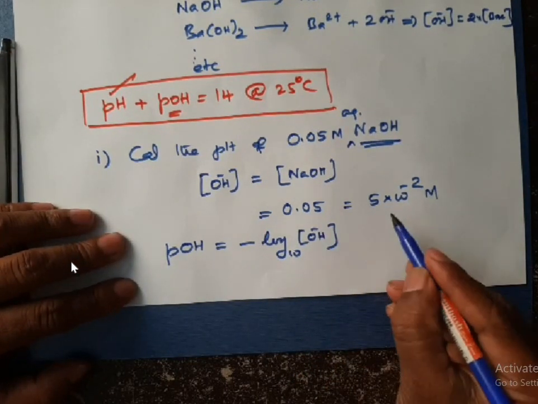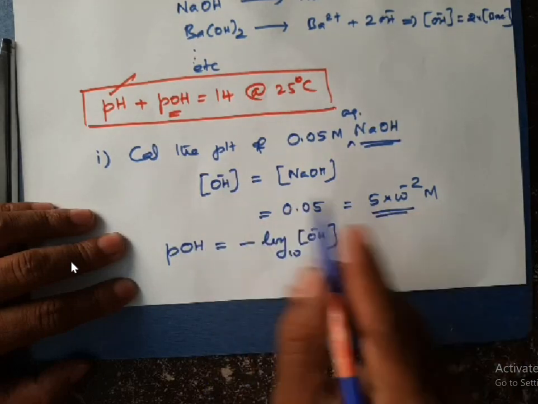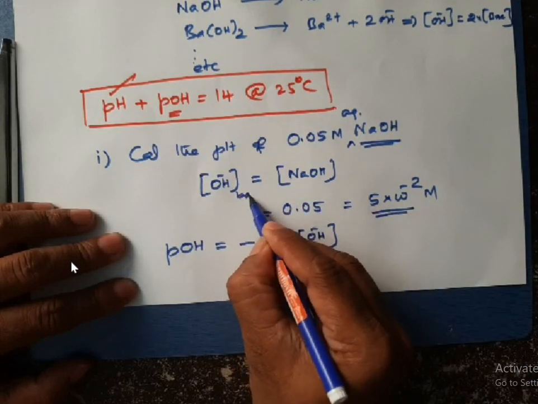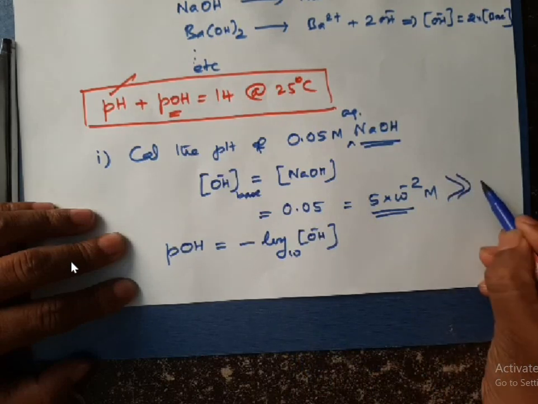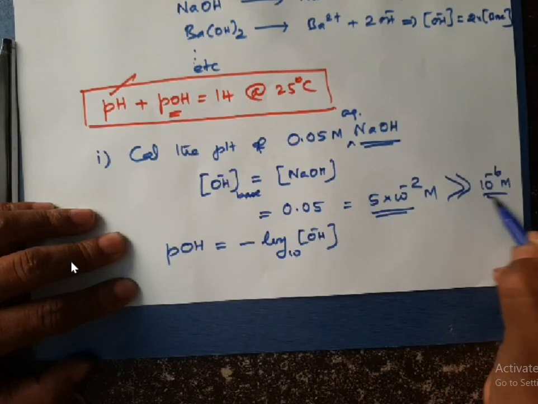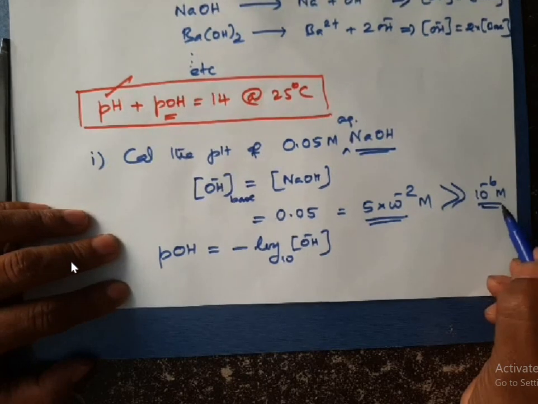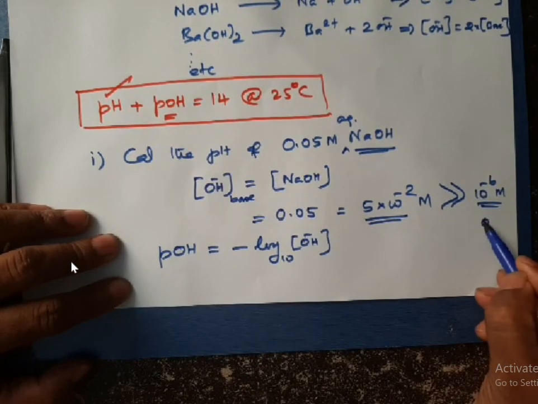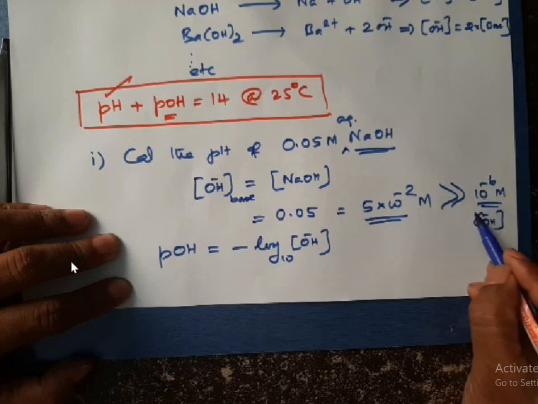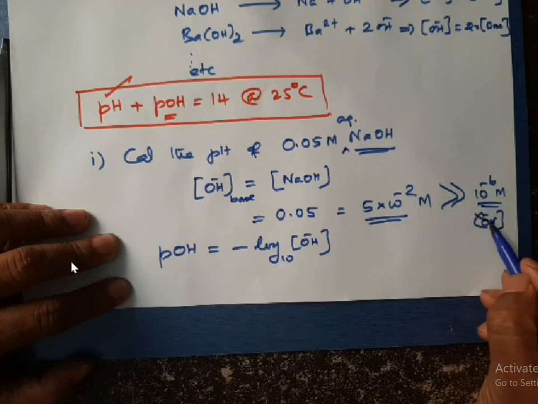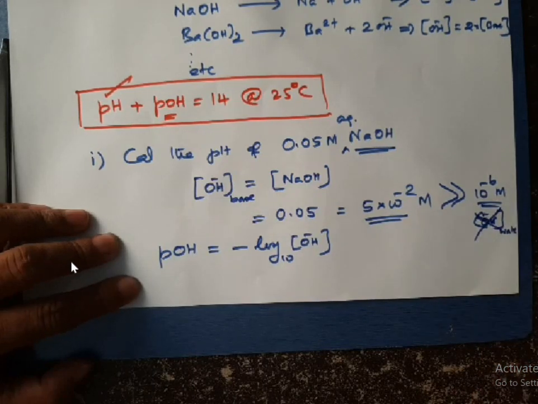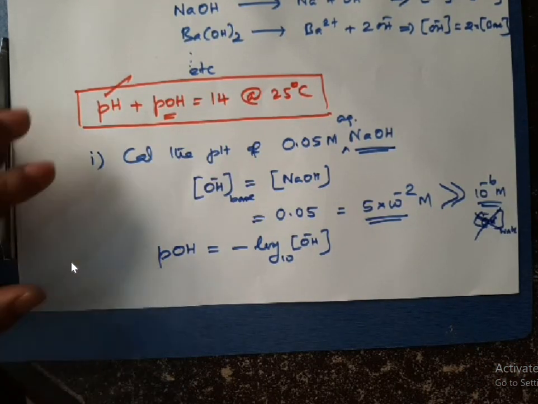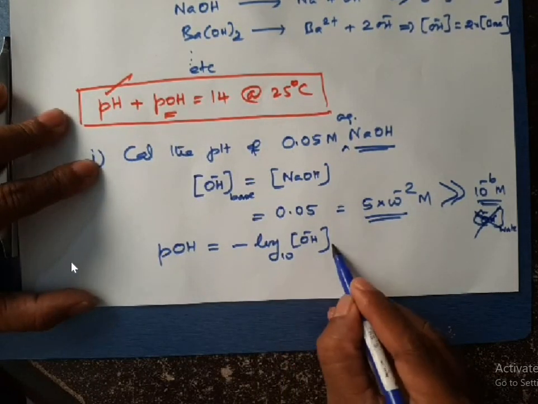This is concentration of OH minus from the base, which is very much greater compared to 10 power minus 6 molarity, the hydroxide concentration from water. Therefore, I can neglect OH minus ion concentration from water. Therefore I can consider OH minus ion from base alone.